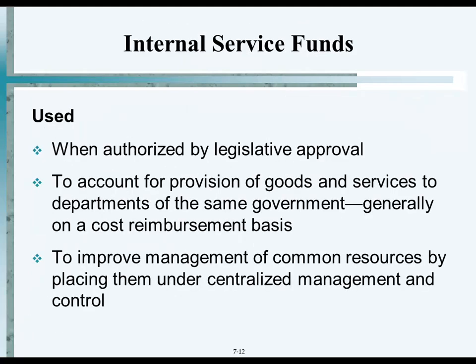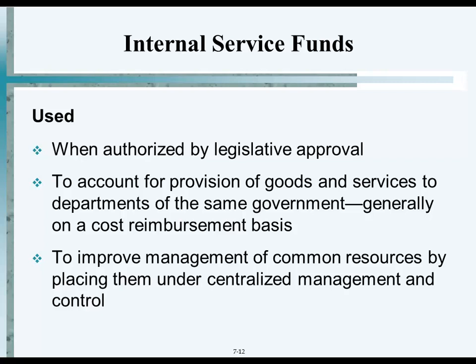Let's talk about the first type of fund, which is the internal service fund. What you'll realize is that there are some states which don't have any internal service fund. But you say, what do you mean by an internal service fund? Well, let's think of it this way.